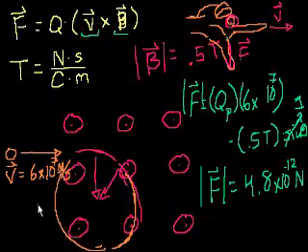And in the next video, we'll actually figure out the radius of that circle. And just one thing I want to let you think about. It's kind of weird or spooky to me that the force on a moving particle doesn't matter about the particle's mass. It just matters the particle's velocity and charge.